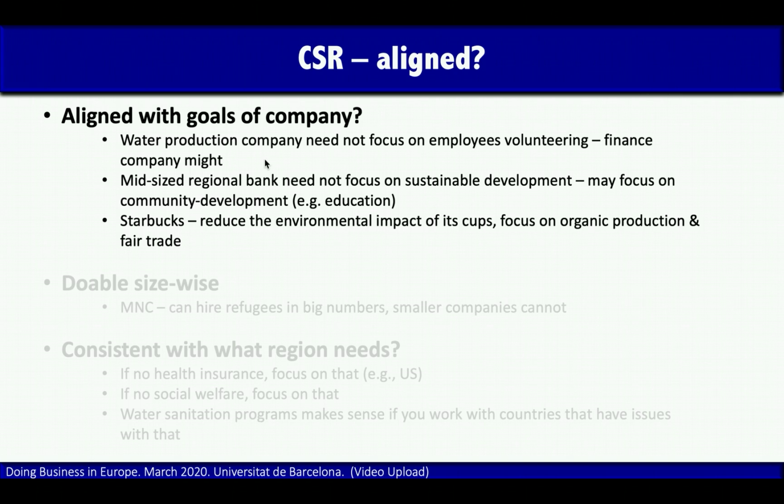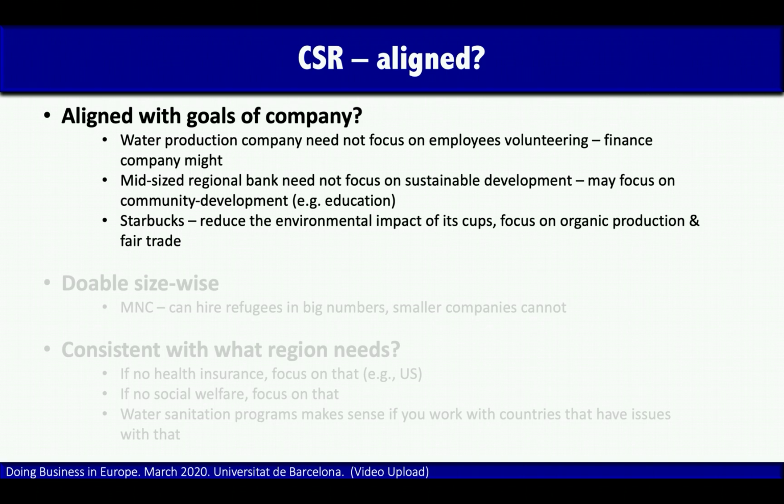So you can think about a water production company. It's very easy for this kind of company, if it wants to be engaged socially, to think, oh, this firm should make sure that it's environmentally friendly because it's dealing with water production.